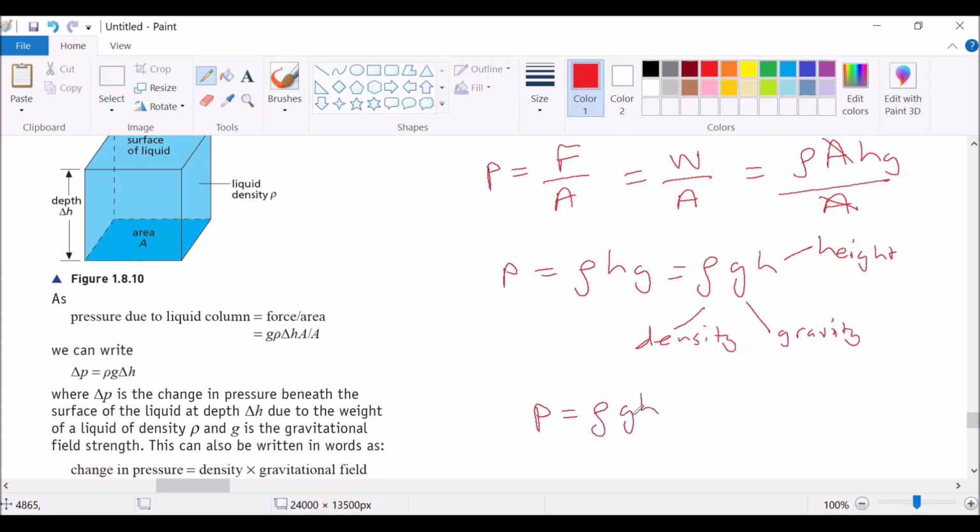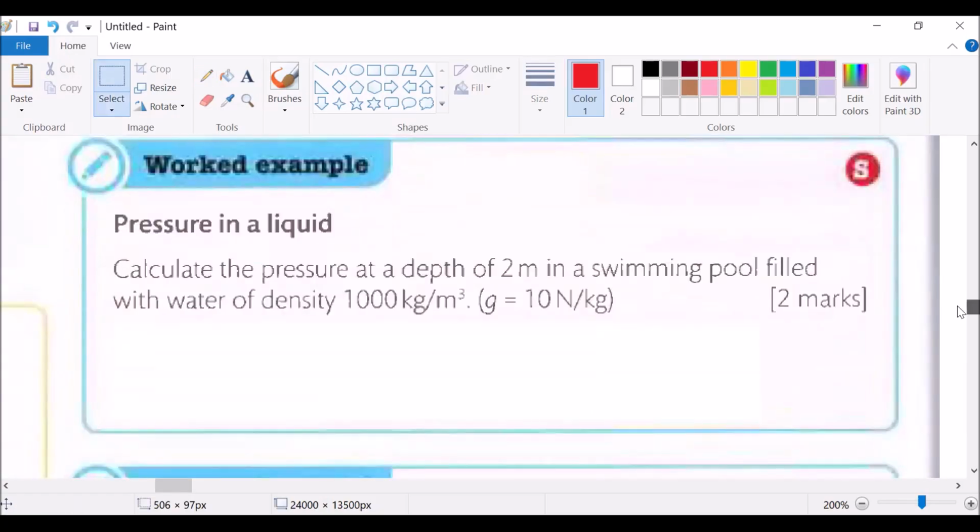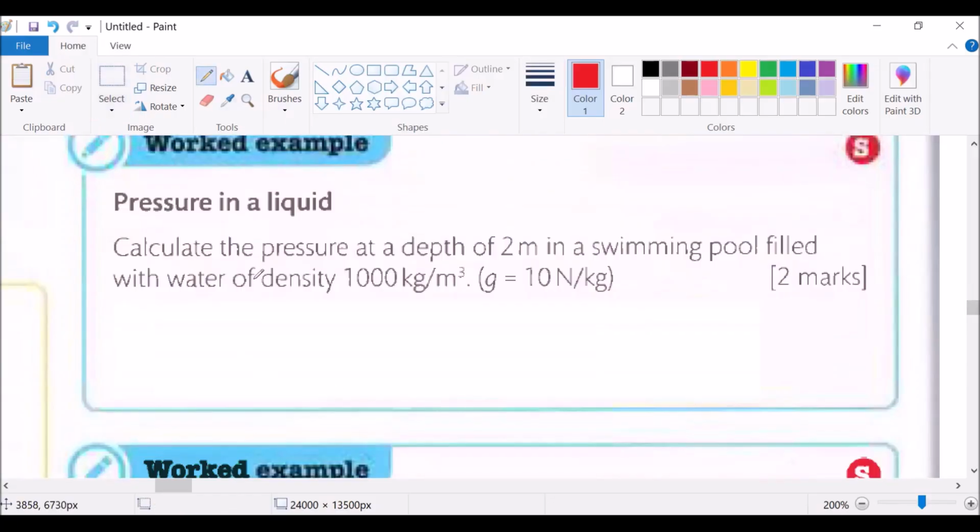So if we have density, acceleration due to gravity is a constant, and the depth of the liquid, we can calculate pressure at that depth. Let's look at some worked examples on pressure in a liquid. Calculate the pressure at a depth 2 meters in a swimming pool filled with water of density 1000 kgs per cubic meter. The value of G can be taken as 10 newtons per kg.